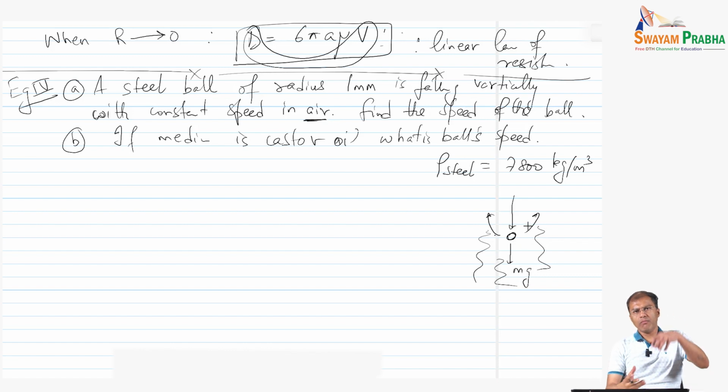This is the typical law of buoyancy. So if the ball is moving through a fluid, then it is displacing an amount of fluid equal to the volume of the ball, right? Then we have to write the appropriate force balance for this ball moving in a fluid.